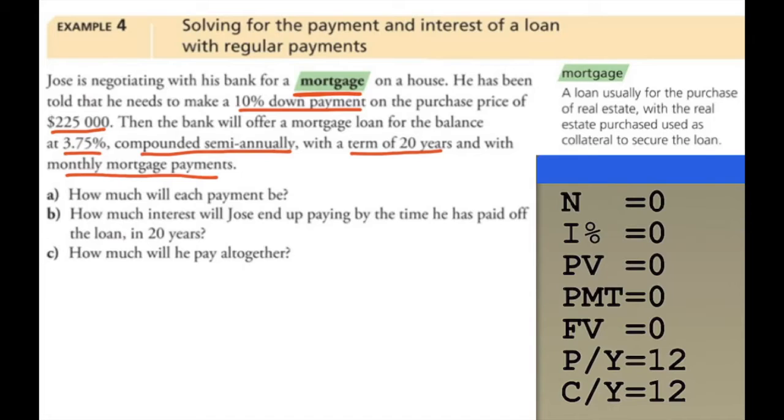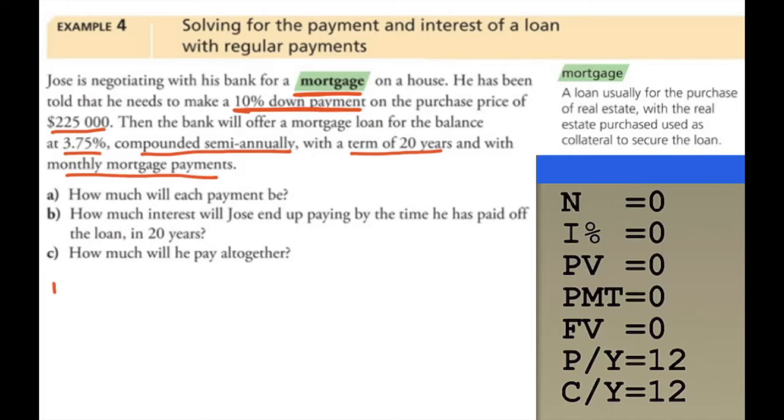Well, what we know is that Jose, with this 10% down payment, is not taking a loan for the full $225,000. He is only taking a loan for a part of that.